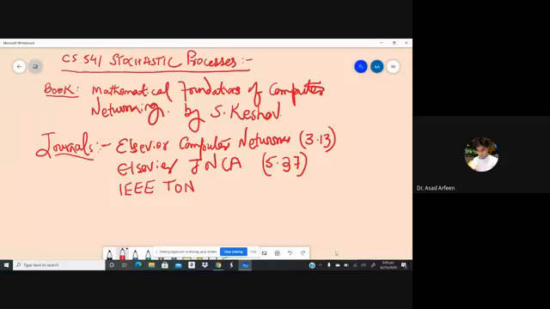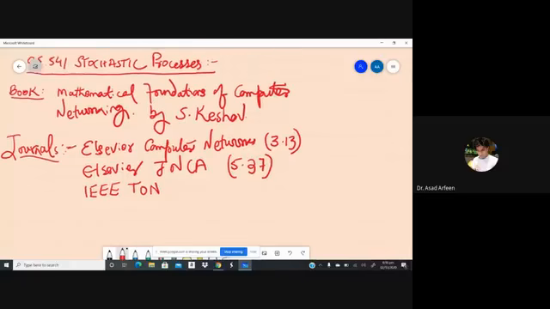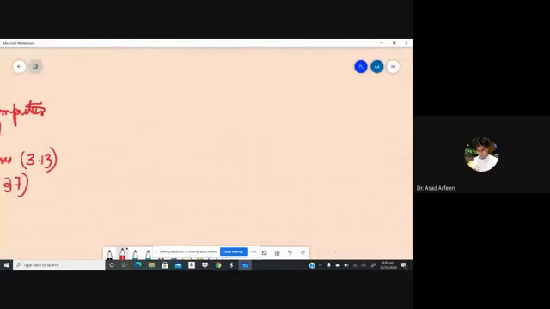Let me talk more on the content side, in a block diagram approach.